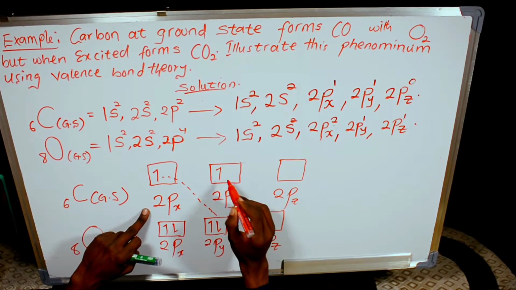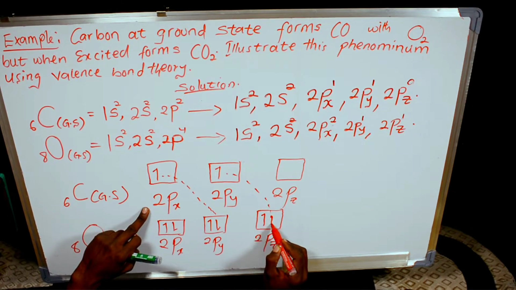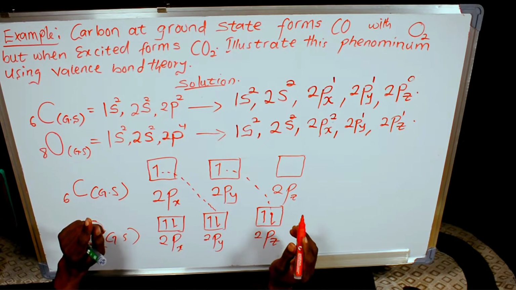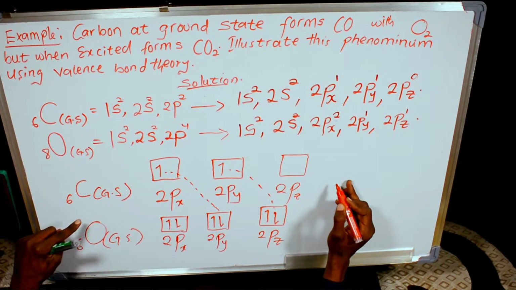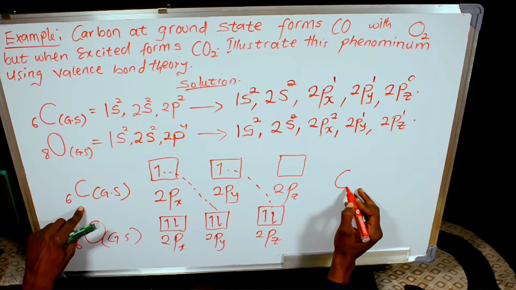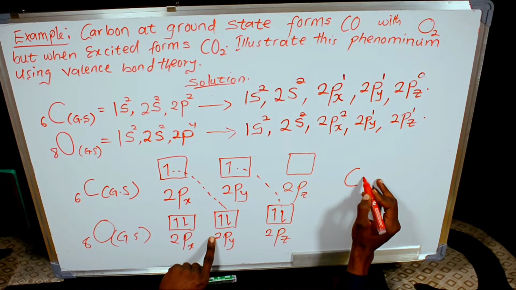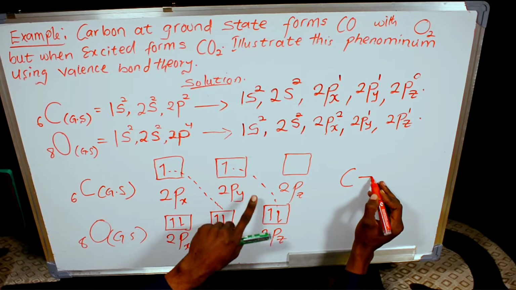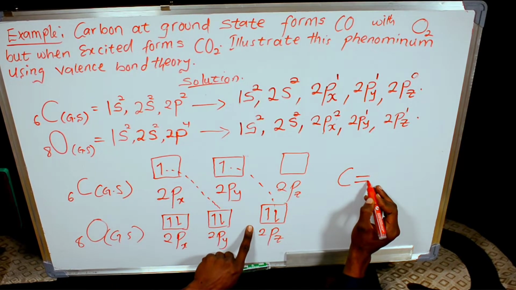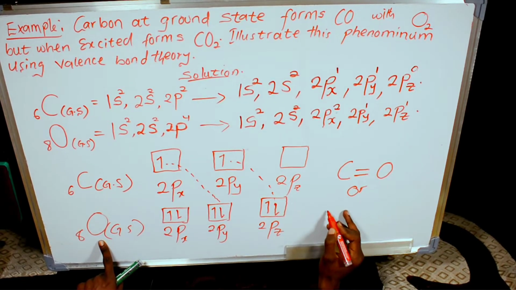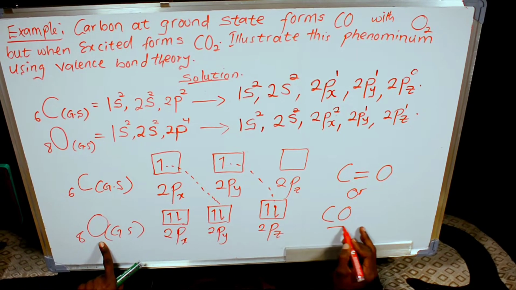This one also will pair into this box. So each shares an electron to form a covalent bond. Here is the carbon, and this electron that transfers into this makes a single bond as the shared electron, and these also make a bond. So now with the oxygen, we can write it as carbon monoxide, CO.